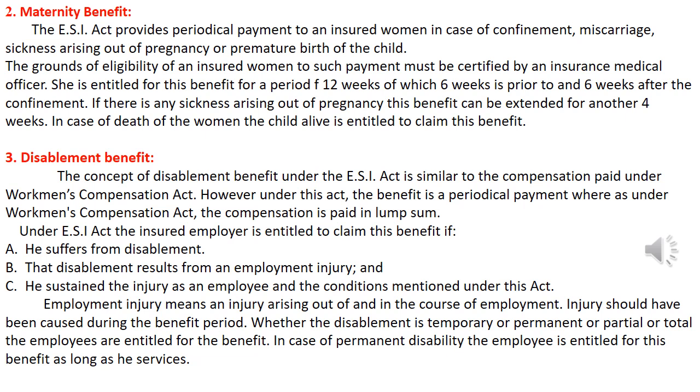Employment injury is nothing but an injury arising out of and in the course of employment. The injury should have been caused during the benefit period. Whether the disablement is temporary or permanent, partial or total, the employees are entitled to this benefit. And in the case of permanent disability, the employee is entitled to this benefit as long as he survives.